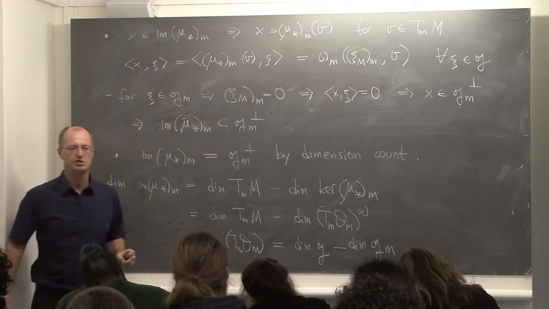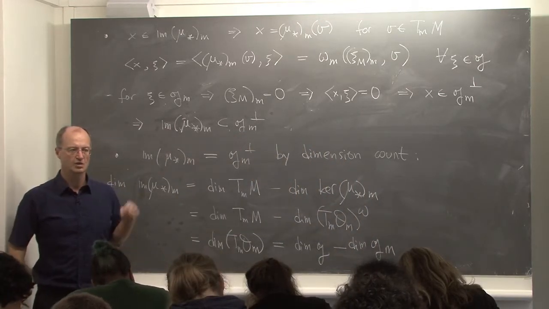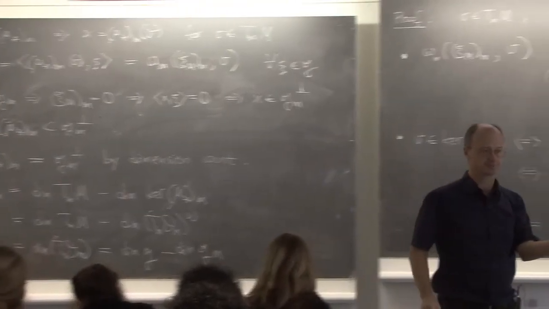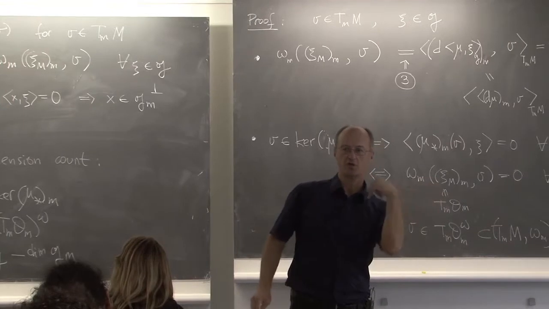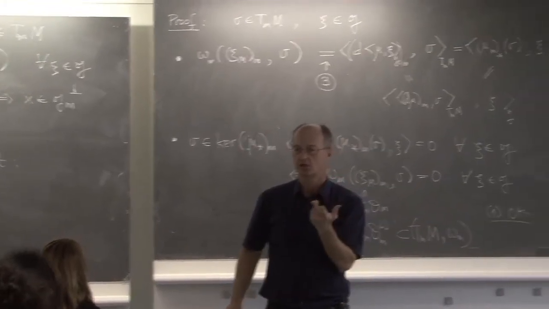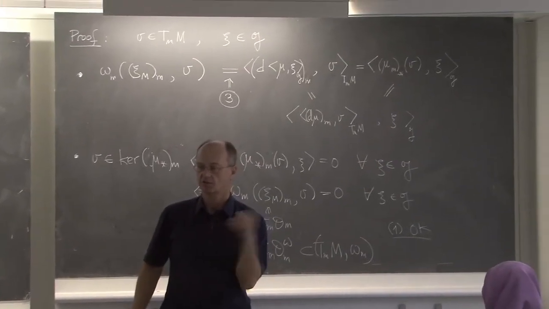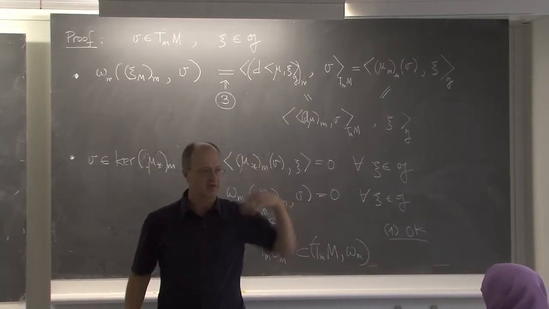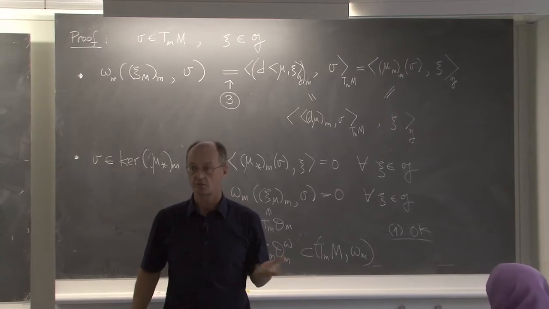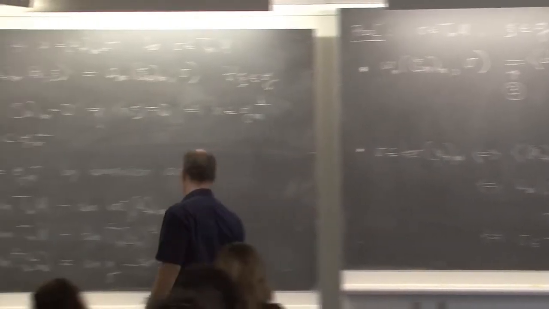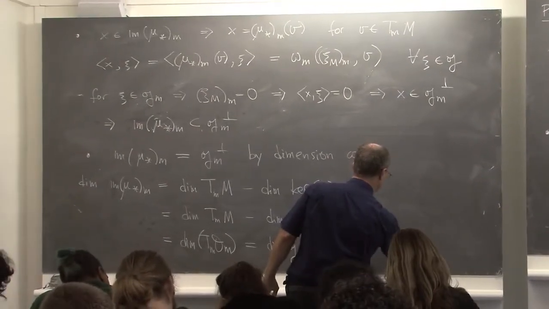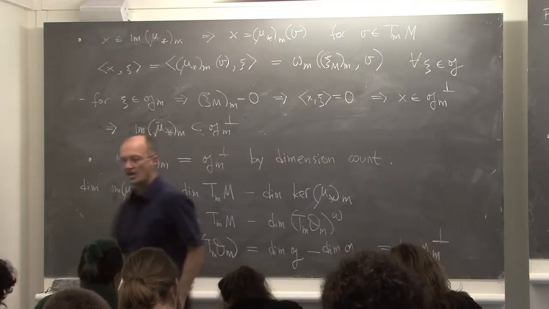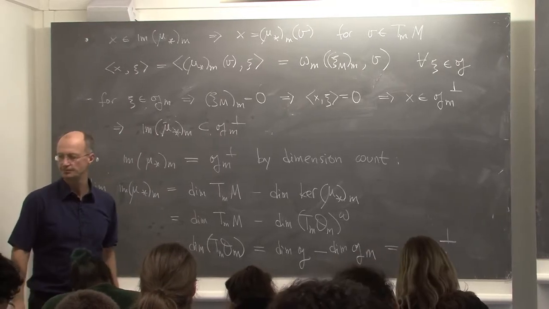Now, the dimension of the orbit that we discussed today, that's the dimension of G minus the dimension of G_m. Now you have a vector space, you have its subspace, and you have the orthogonal of the subspace in the dual. The dimension of the subspace and the dimension of the orthogonal in the dual add up to the dimension of the space, right? So actually this guy is equal to the dimension of G_m orthogonal.